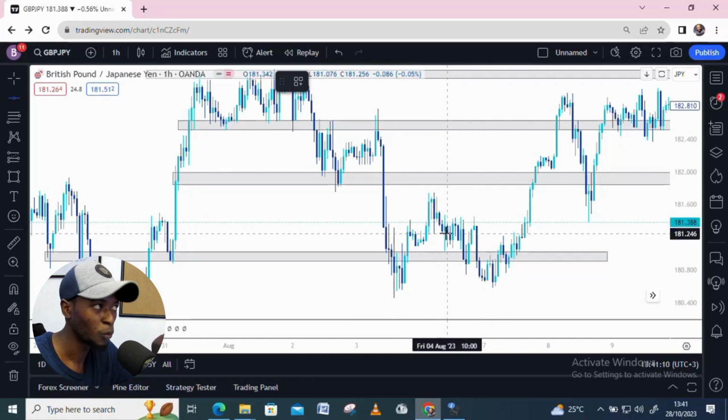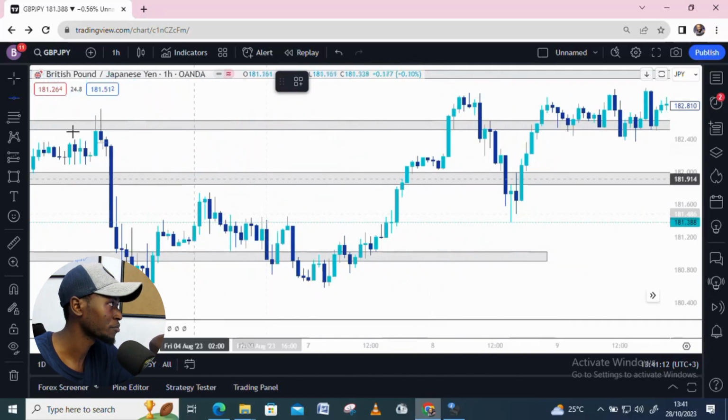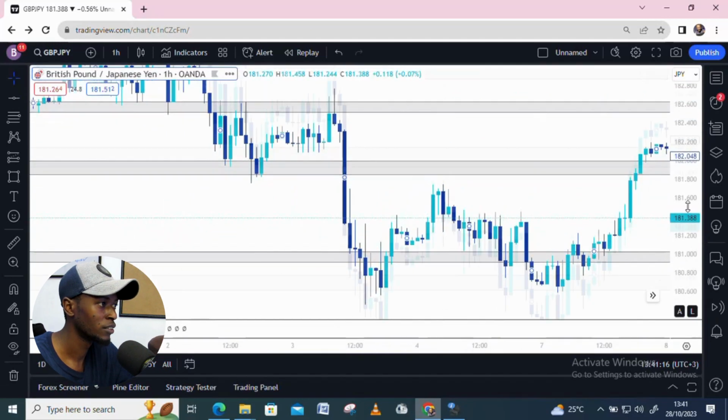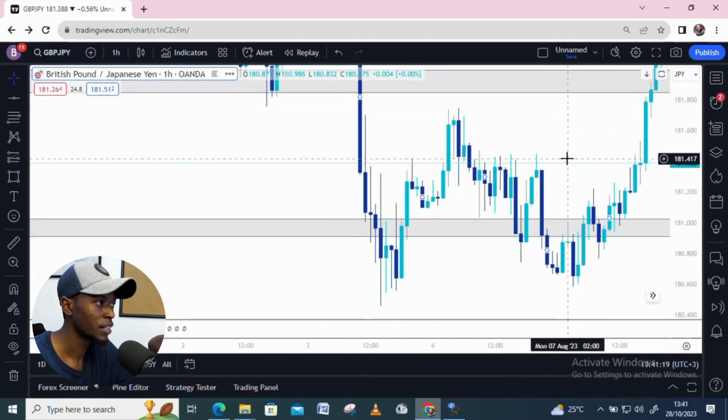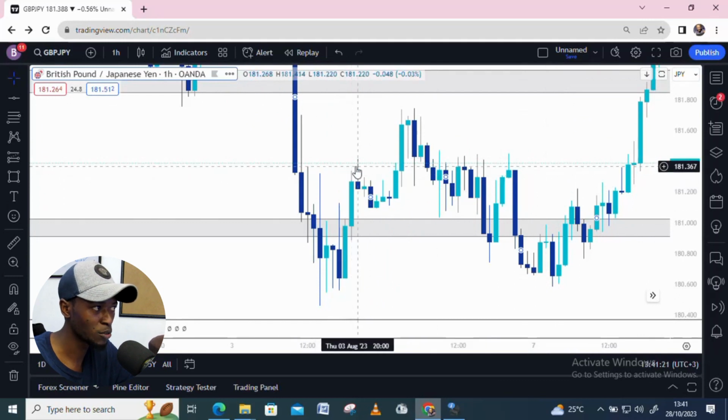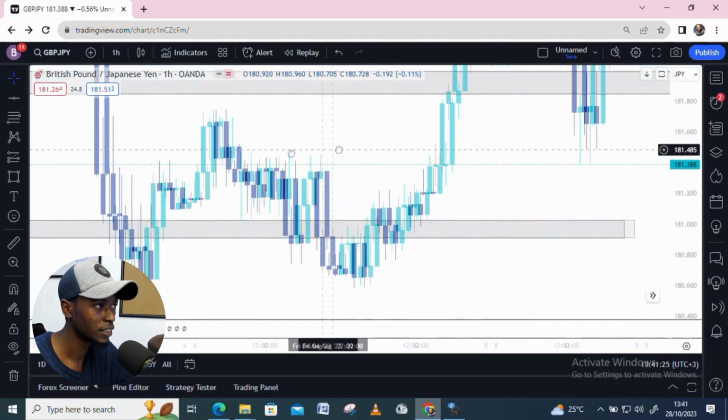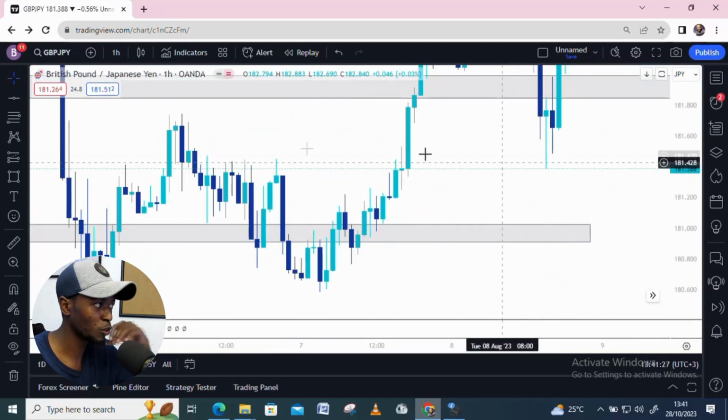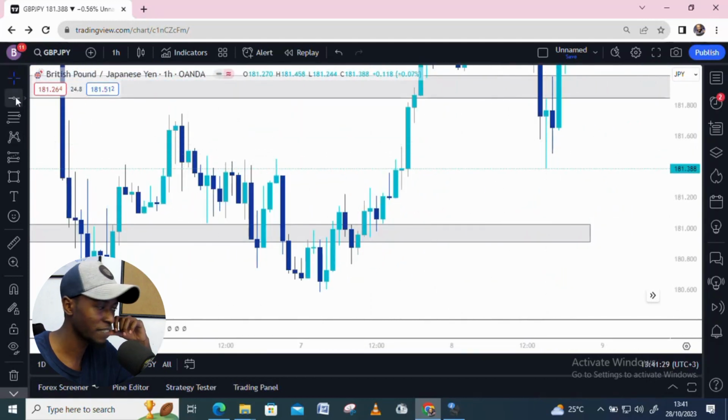Looking closely, we can also see that price is forming, this is what is called weak rejections. So to identify that, we can identify that there is a support zone right here, so we identify it.